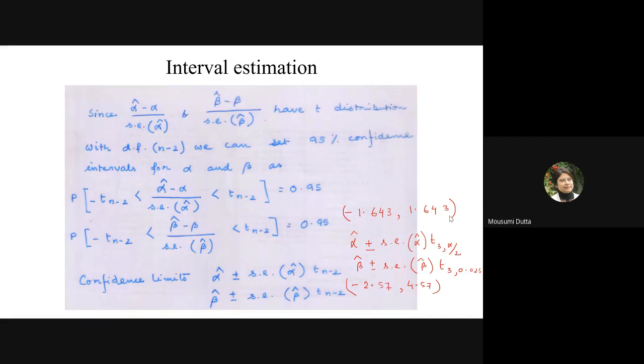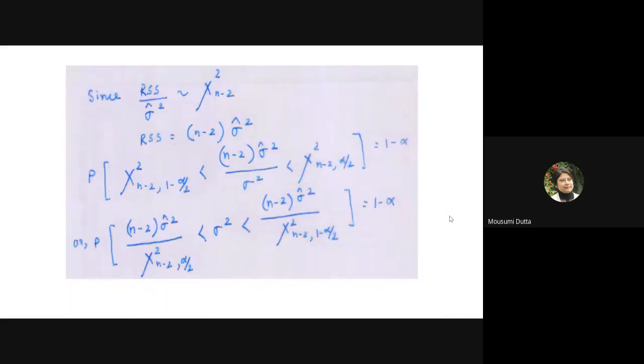So finally, this is the confidence limit for sigma square.